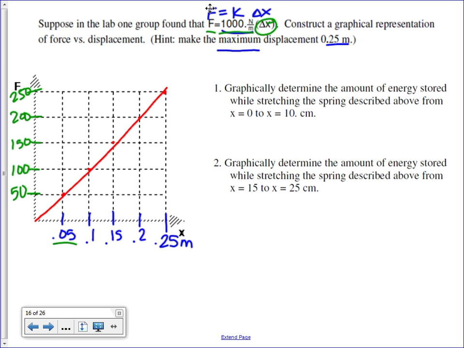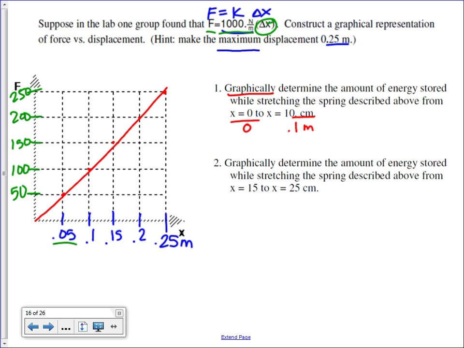Okay, so now that we've made our graph, number 1 wants us to graphically determine the amount of energy stored while stretching the spring described above from 0 to 10 centimeters, or in other words, from 0 to 0.1 meters. Remember, to find the energy stored in the elastic spring graphically, we just take the area under the curve.